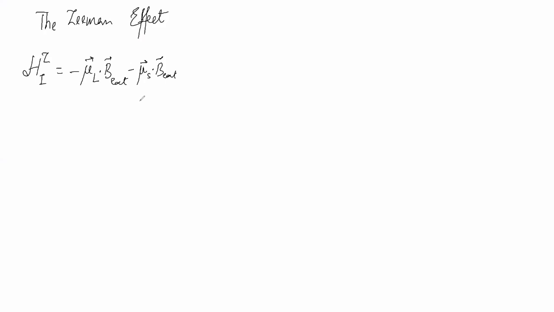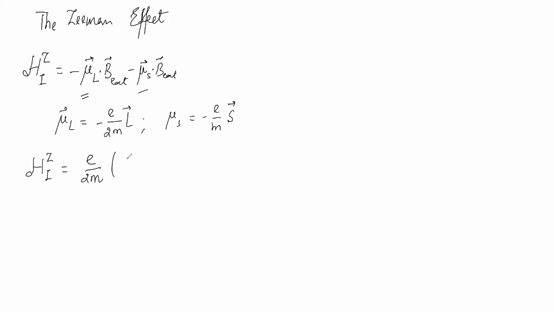Here mu L is minus e by twice m L and mu S is minus e by m S, such that this H_Z is equal to e by twice m (L plus twice S) dot B external.